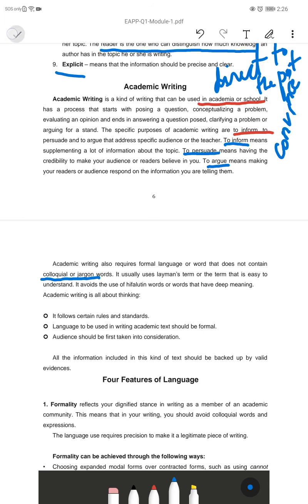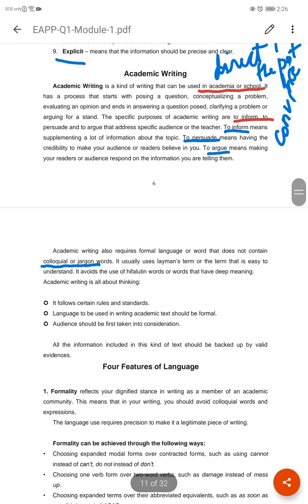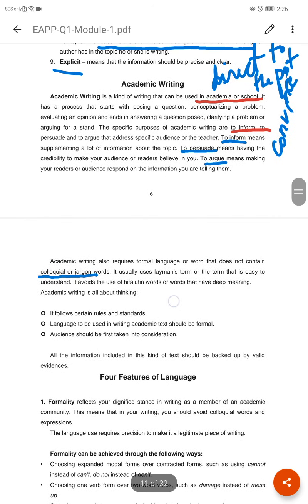Meaning, as people are writing, they would like to sound intelligent or smart. And to make themselves look smart in their writing, they use a lot of words which are so difficult to understand.